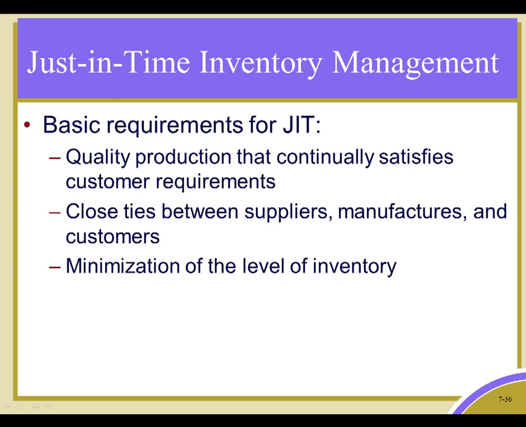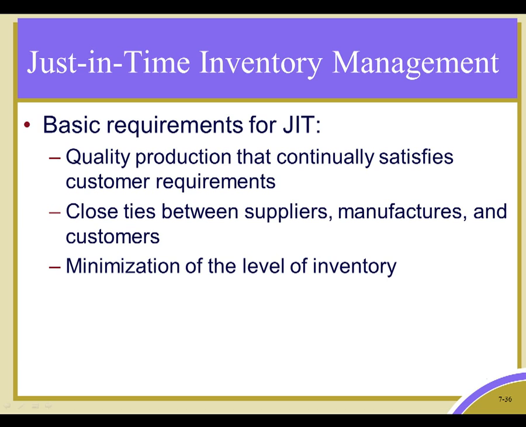Now, in order for a just-in-time inventory system to work, you need a number of attributes to be in place. You need quality production that continually satisfies the customer's requirement or the manufacturer's requirement.